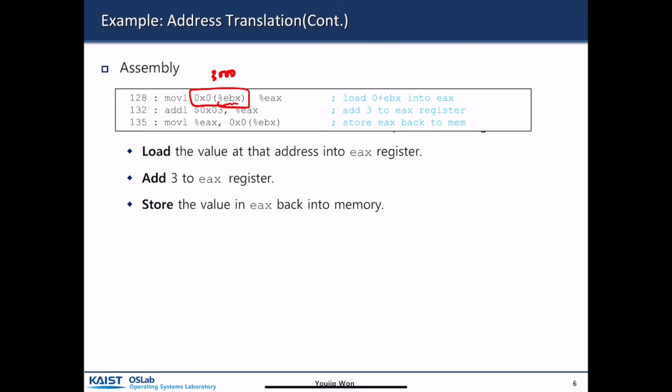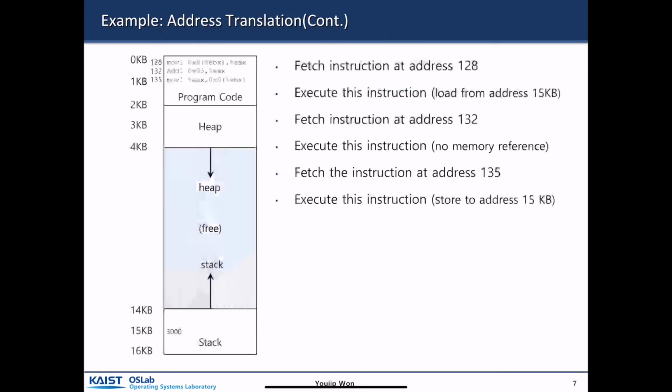Then it adds 3 to the EAX register, and then it saves the value of the EAX register to the same address from which it read the 3000 value. So it loads the value at the address into the EAX register, adds 3 to the EAX register, and stores the value of EAX back into memory. Okay, this is what is going to happen.